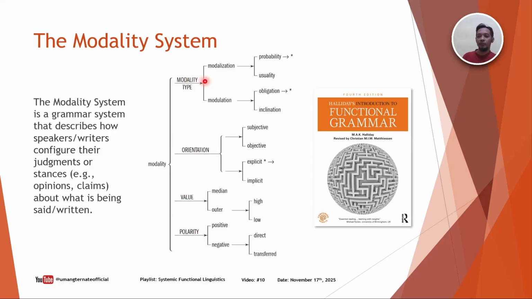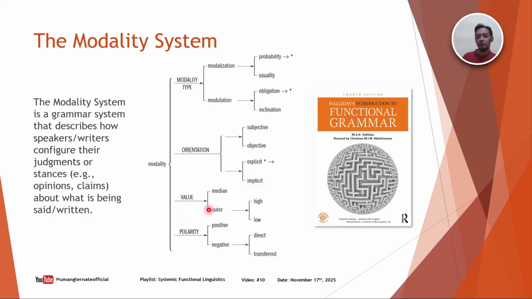Okay, and then the modality type consists of what we call modalization, in other systemic functional linguistics called epistemic modality, and modulation or deontic modality. In terms of orientation, modality can be either subjective or objective, and the subjective or objective modality can be either explicit or implicit.